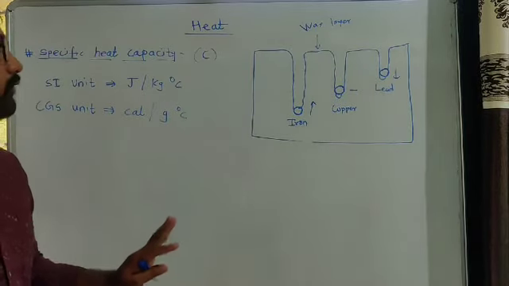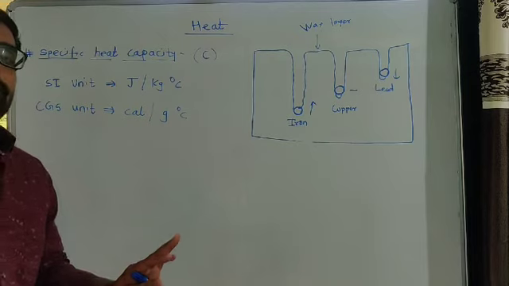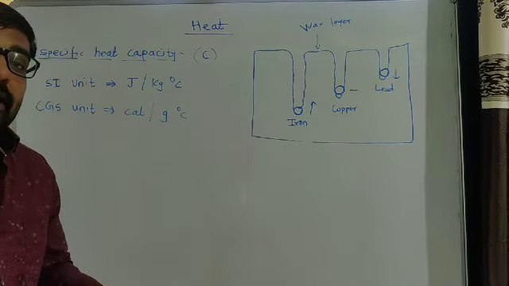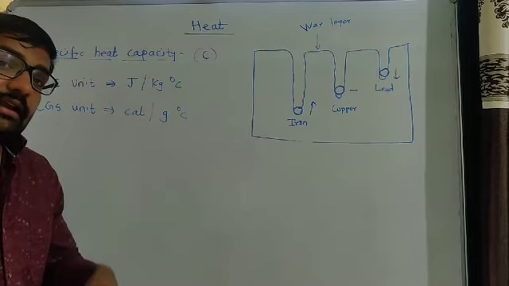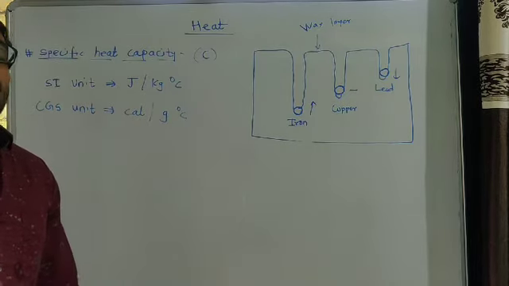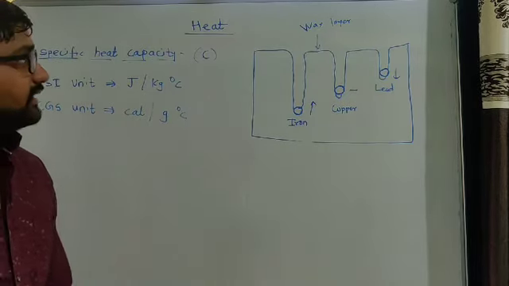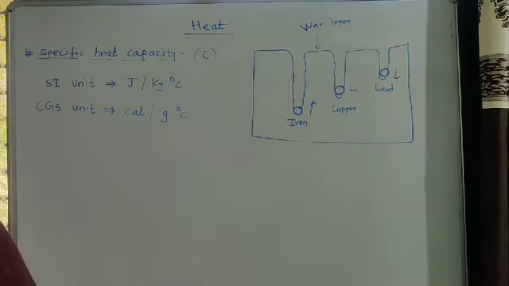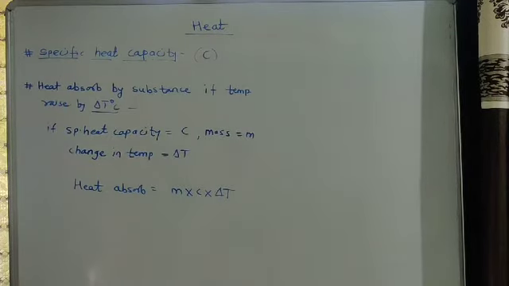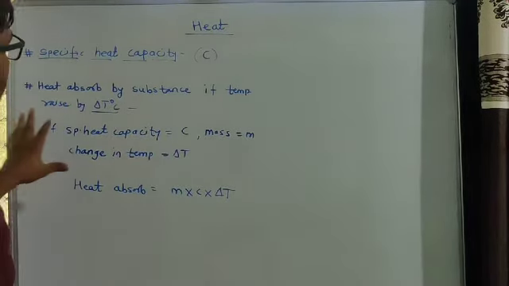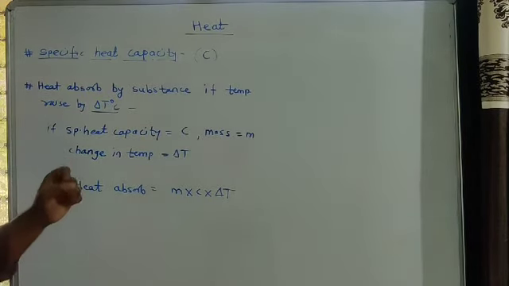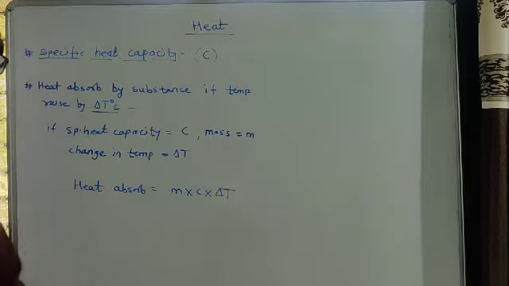Now we have the formula for how much heat a substance gains if we increase its temperature by delta T degree Celsius, and how much heat is given out if we decrease the temperature. The next topic is the heat absorbed by a substance if the temperature is raised by delta T degree Celsius.